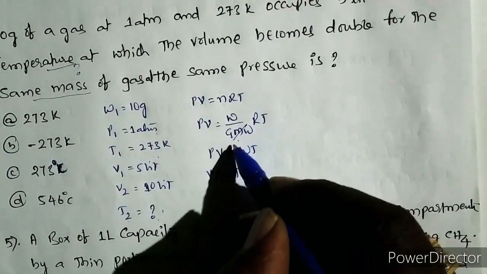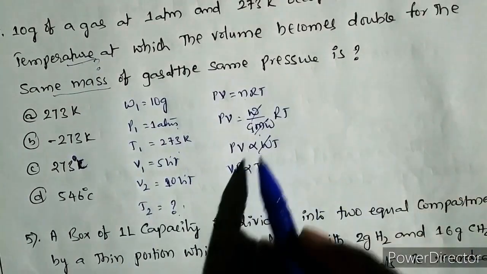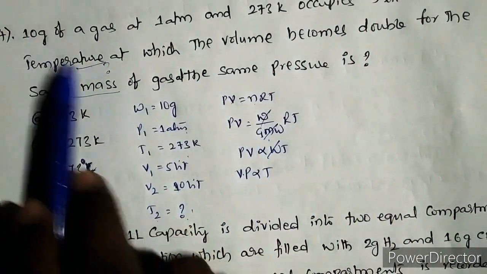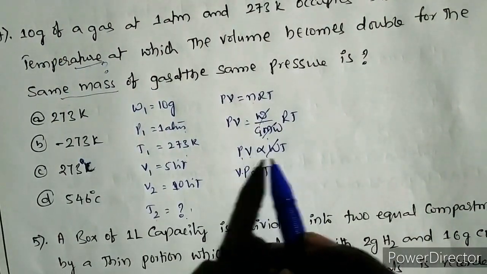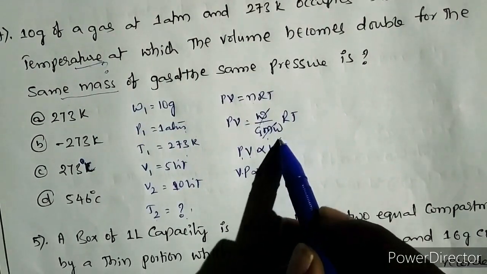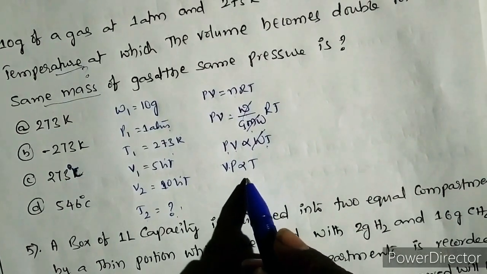So both W and gram molecular weight get cancelled out. So now PV is directly proportional to WT. Same mass means W also gets cancelled. Now PV is directly proportional to T.